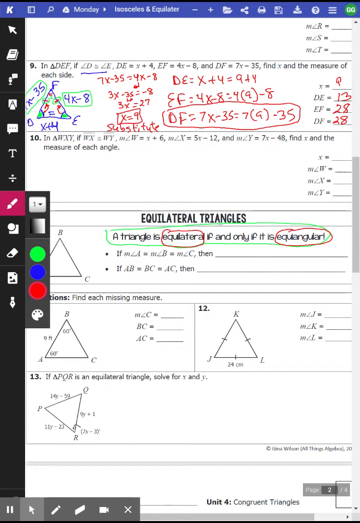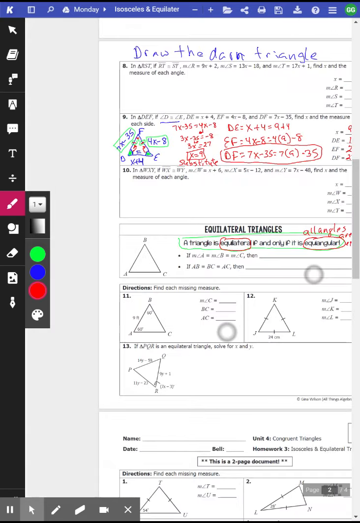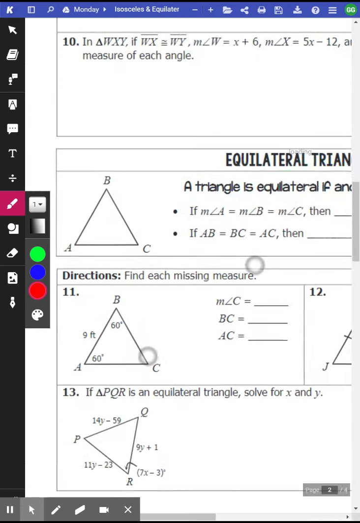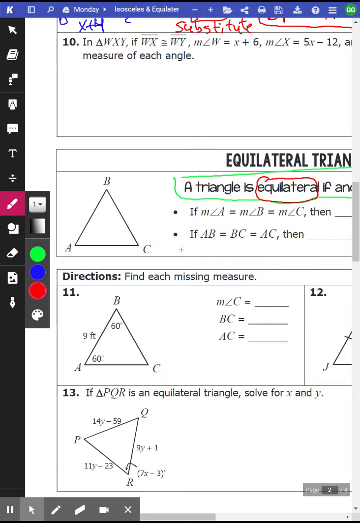All sides are equal only if all angles are equal. That means that if all angles are equal, all angles equal 60 degrees.